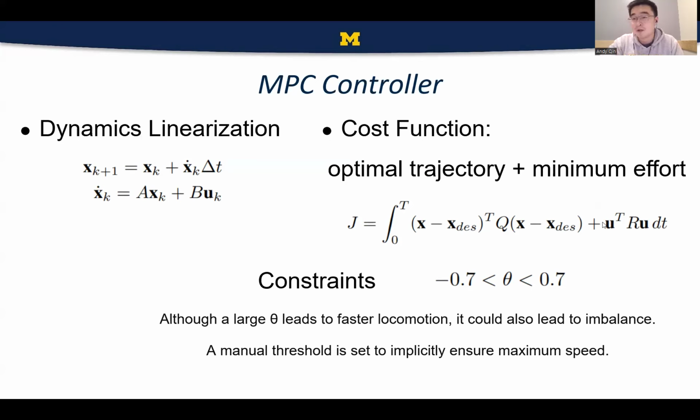Why? Because in real life, normally torque is directly related to angle. The less angle you change, the less torque you exert, hence the less effort. So for minimum effort here, it's also reasonable to use just the angle itself. For constraints, there are multiple constraints when doing the trajectory generation with the ODE function in MATLAB.